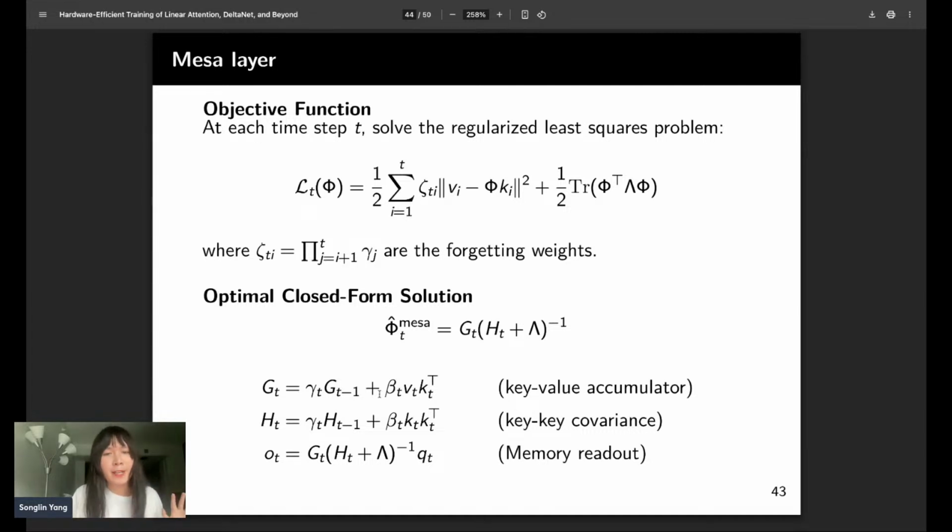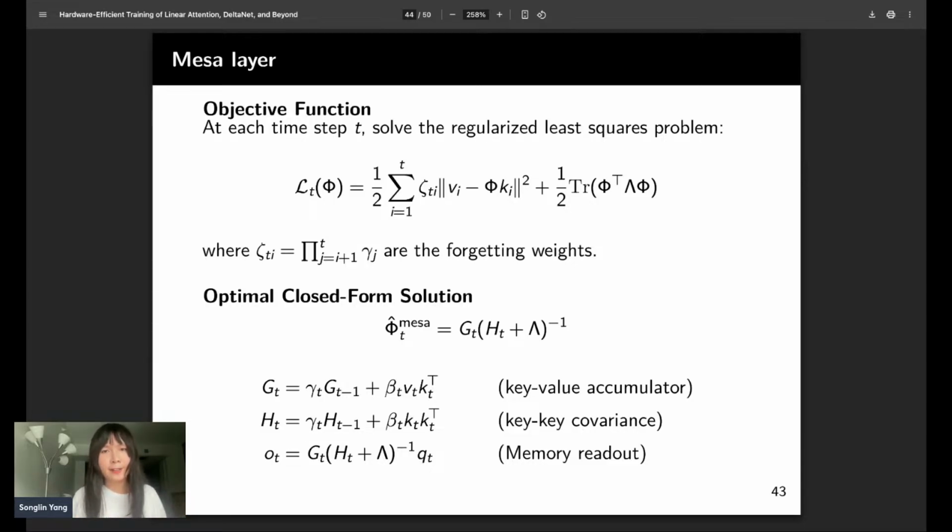And for the memory readout, we can use this strategy to compute the output. And this is a very interesting mechanism that allows you to have a more informed online learning objective to consider the entire history.